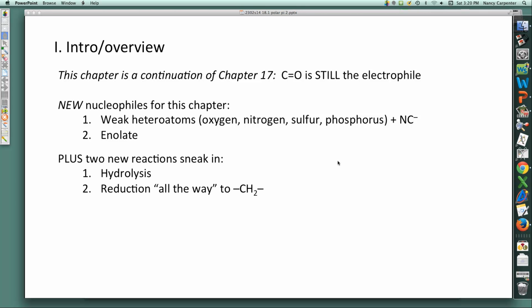The part that's a little sneaky is they sneak in two new reactions that are tangentially related.